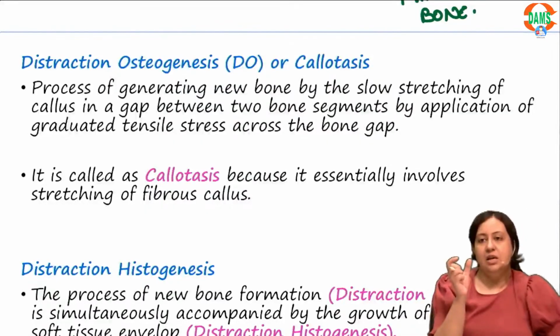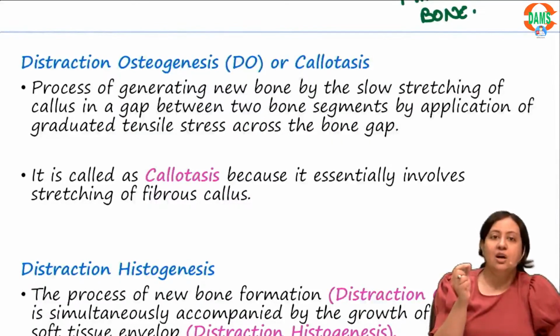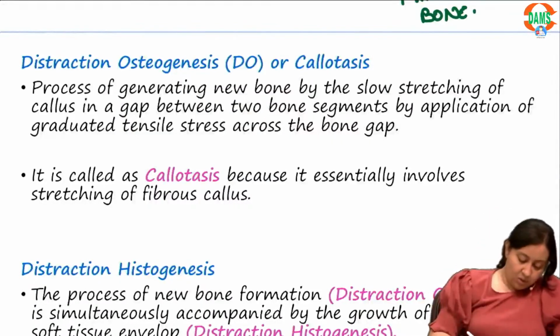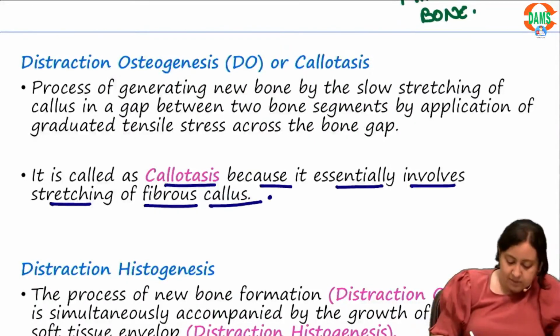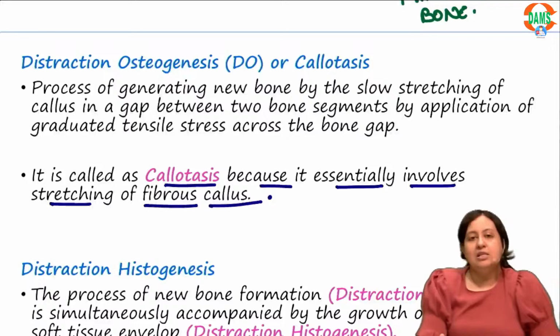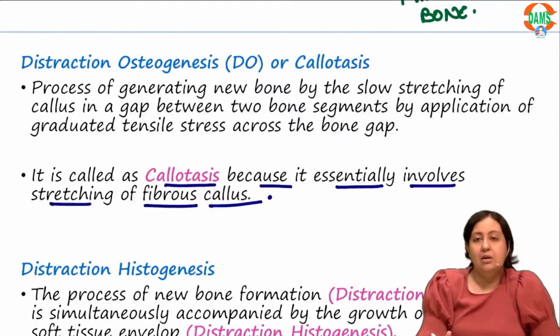So basically you apply a tensile stress across the osteotomized region that leads to formation of callus. It is called callotasis because it essentially involves stretching of fibrous callus. So you are basically stretching the fibrous callus by applying a tensile stress.